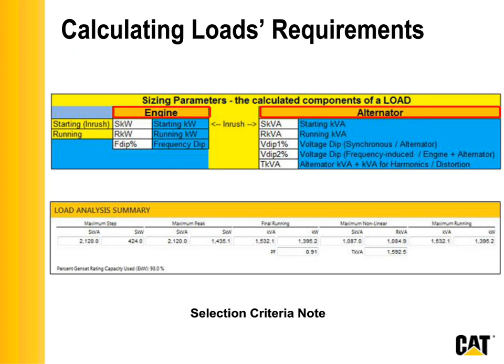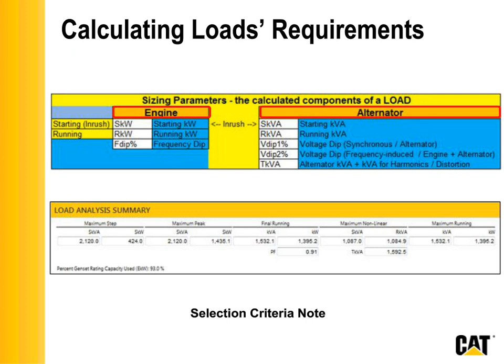What's important to understand is that when you look at these sizing values that you see in the load analysis summary, that load analysis summary is on your add loads page and your select genset page in SpecSizer. What's important to know is that any value that's kVA is related to your genset alternator, and any value that's kW is related to your genset engine.